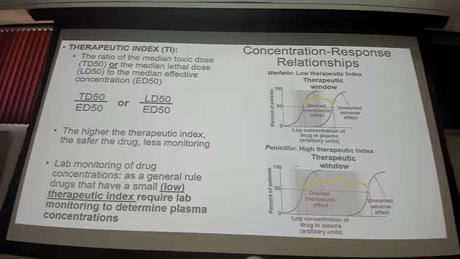So when we look at drugs with low therapeutic index, that means that there's a small change in concentration of the drug that goes from producing the intended effect versus toxic or lethal effect. So drugs that have a low therapeutic index or a small therapeutic window need to be monitored regularly.